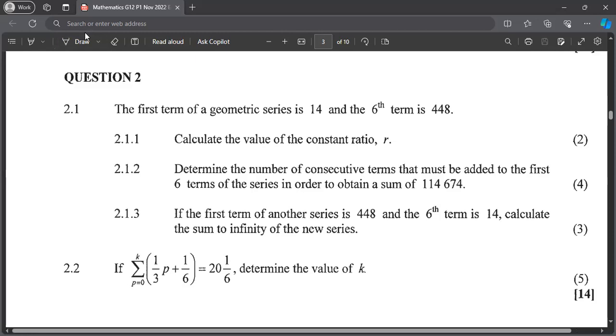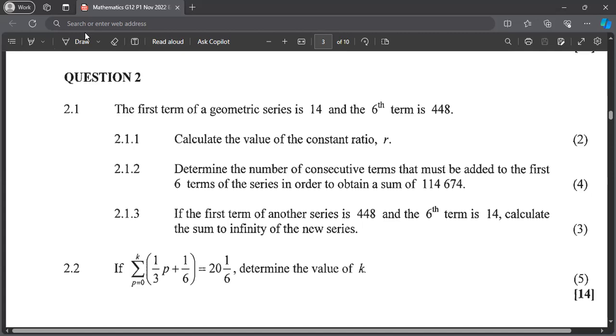So the easiest way to approach this is to calculate the total number of terms, which if we add together, give us a value of 114,674. Then we say, if maybe we know that we have 15 terms, then 15 minus 6 will give us 9. That 9 is the one the question is looking for.